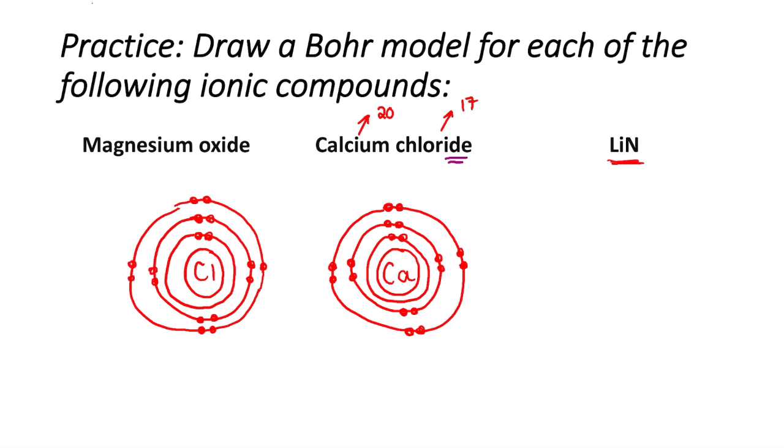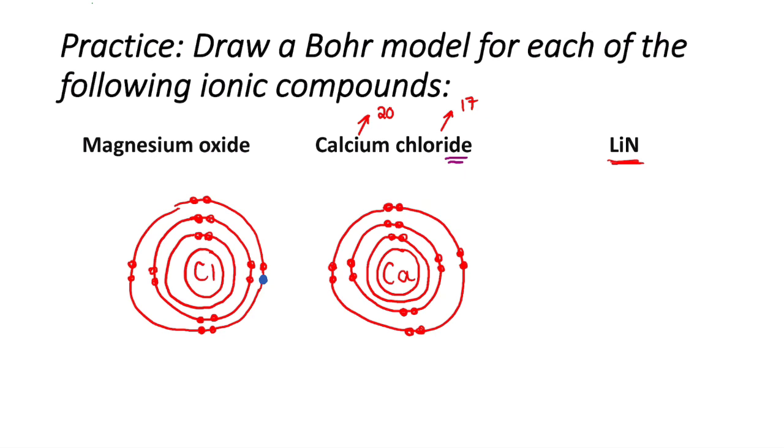So notice that I've left that 1 electron unpaired, and essentially what that is for is because calcium is going to donate one of those 2 valence electrons to chlorine.